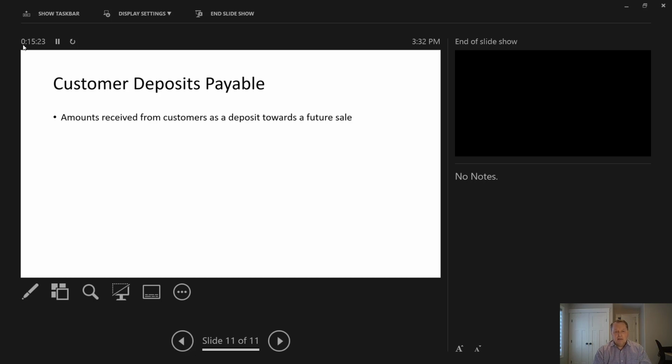And we'll wait until we get that inventory item in, and then we'll bring that deposit into revenue and record the inventory as a cost of sales at that point as well. So it's a pretty interesting way of looking at it, but customer deposits happen all the time in retail, and just know that it's going to be there.